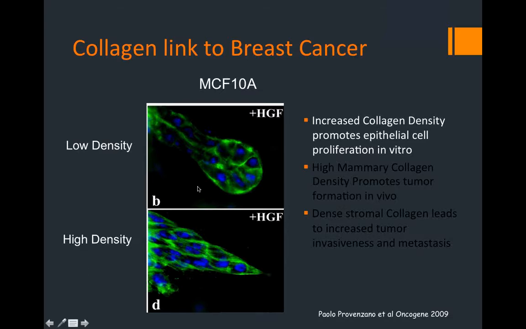In low density, we have this normal breast ductal architecture, but by increasing collagen alone, we seem to switch the phenotype of the cells into this very invasive group, suggesting that collagen is indeed changing the phenotype of the cell into a more advanced and aggressive form towards cancer.